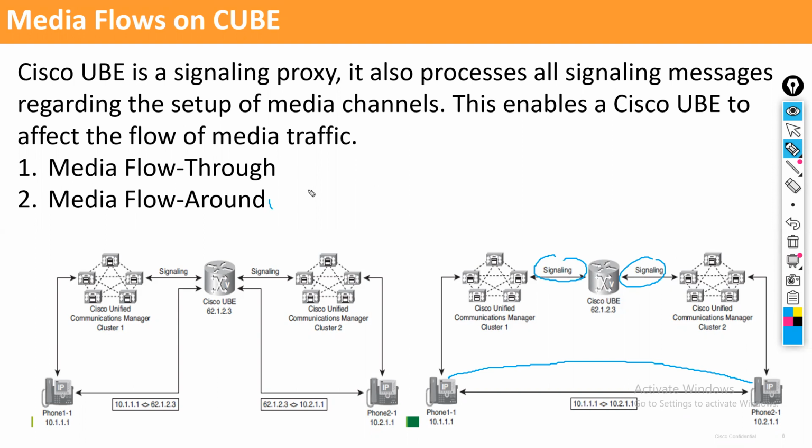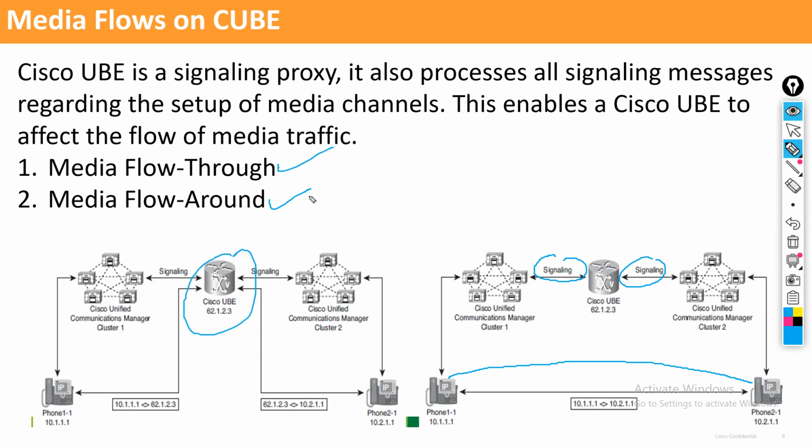That's called flow-around. For this to happen, if for example any other path or any other router is available, then only it happens. If you have a single router, then there is no option. If you have public IP addresses, an ISP connection, another router, then it can flow directly from anywhere, meaning it's not flowing via your CUBE. If RTP is flowing via CUBE, it's called flow-through.